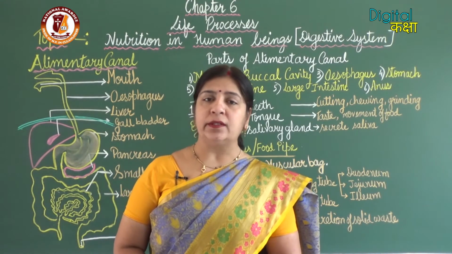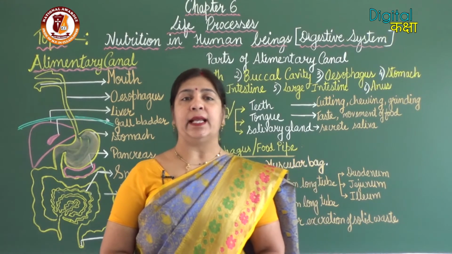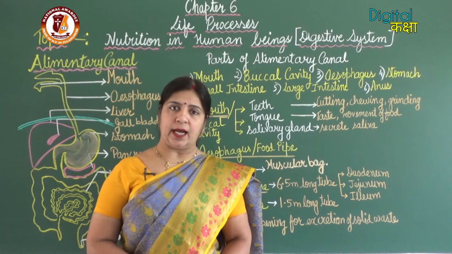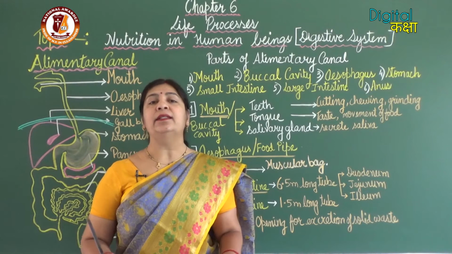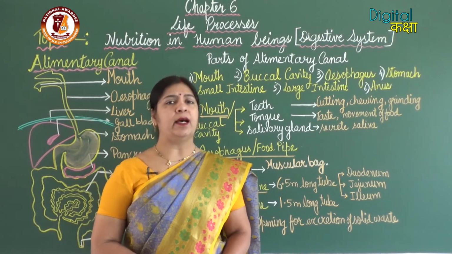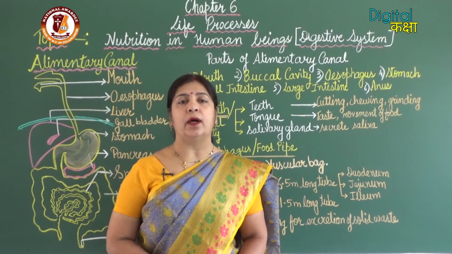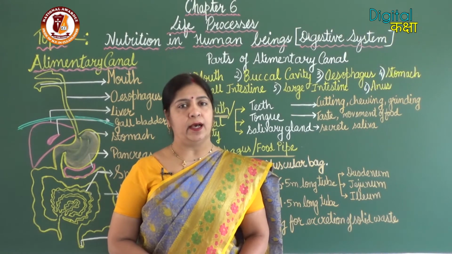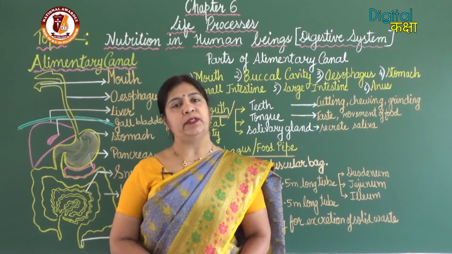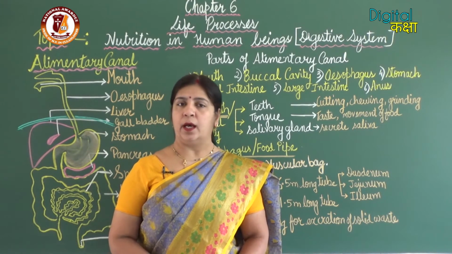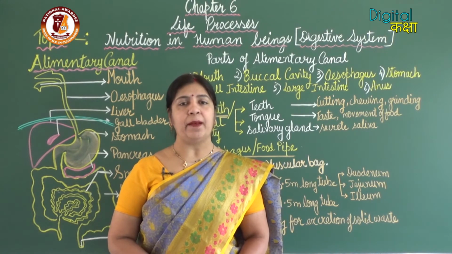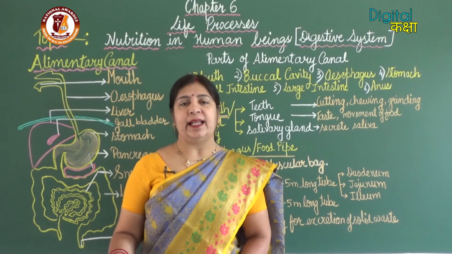In herbivores, the small intestine is longer, and in carnivores the small intestine is shorter. Why is the small intestine longer in herbivores? Because in herbivores the digestion of cellulose takes place. Herbivores eat plant parts, and plants contain cellulose.